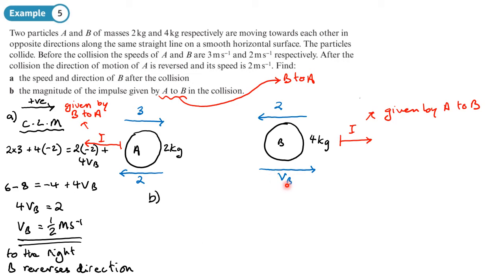Again, I'm going to try to avoid using this, because if this is wrong, then I'm going to get my impulse wrong. I've got all this information here, so let's use that.